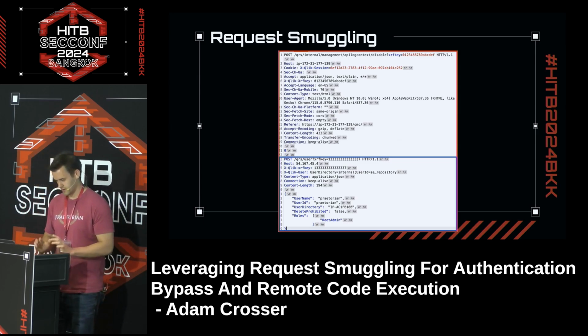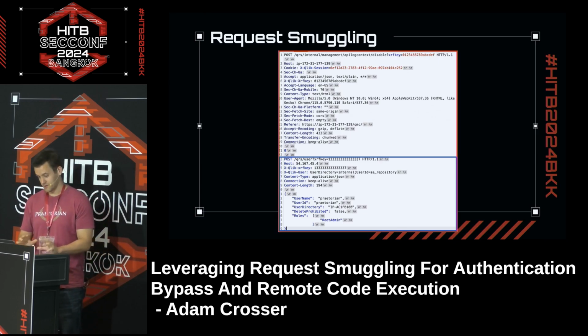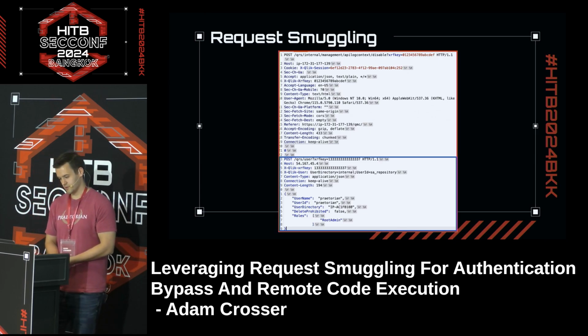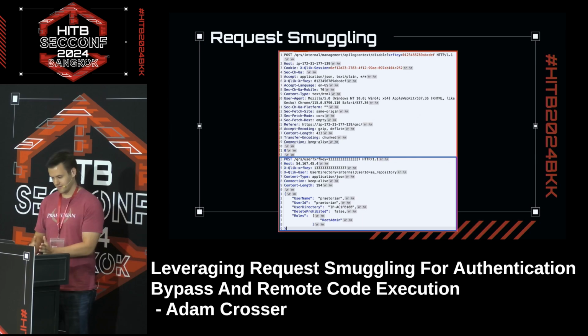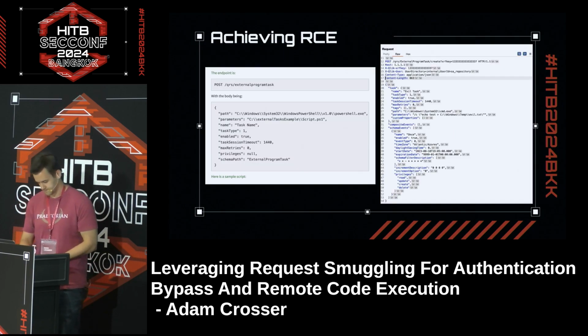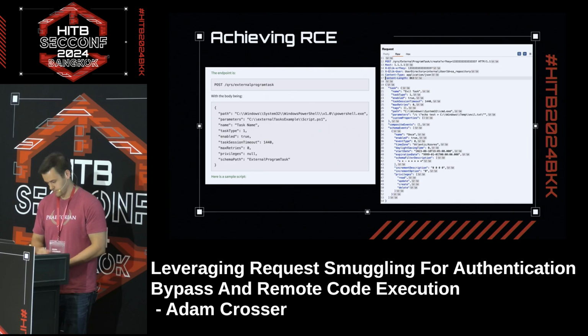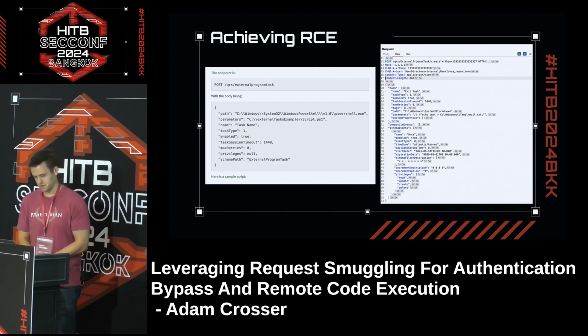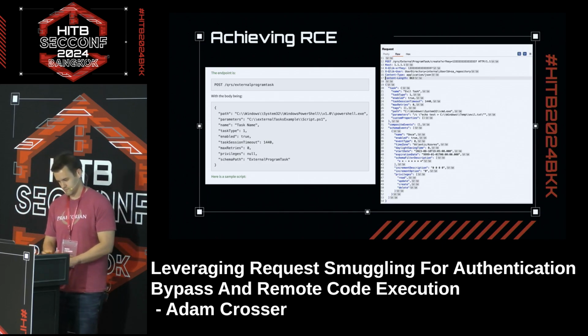But for now, we thought, okay, this is great, but it's not necessarily what we wanted, because we wanted pre-authentication remote code execution, and this would be something you could use if you were post-authenticated to get administrative access. We also didn't really want to add a new administrative user, we wanted remote code execution.